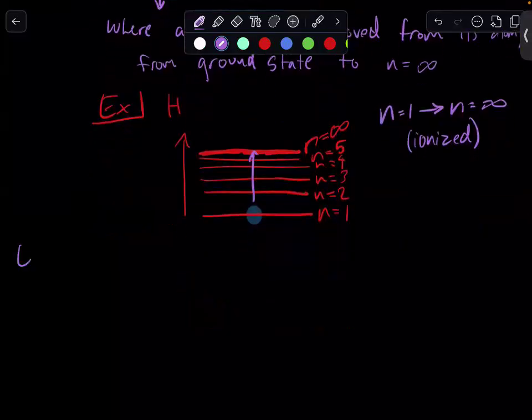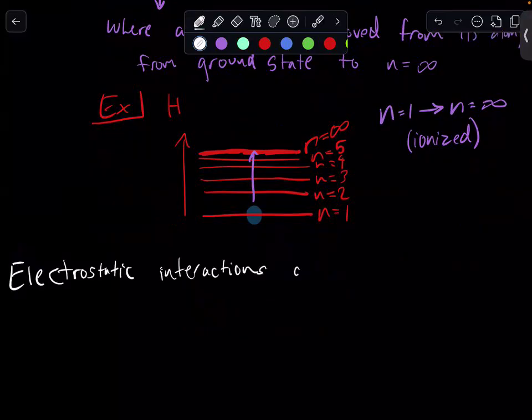So we have to go back to electrostatic interactions real quick. These are based on two things.